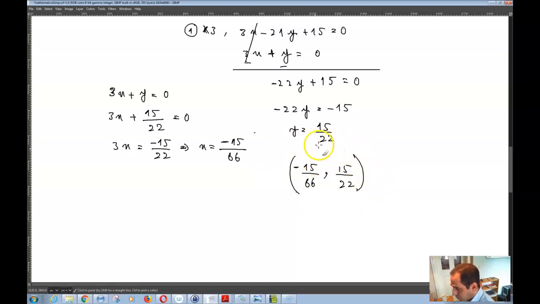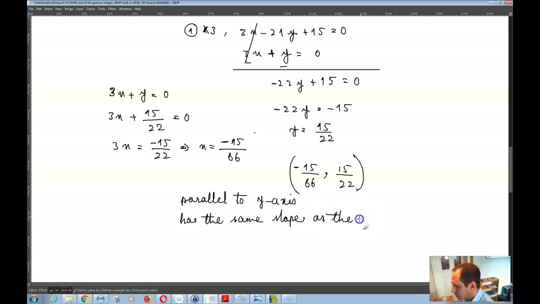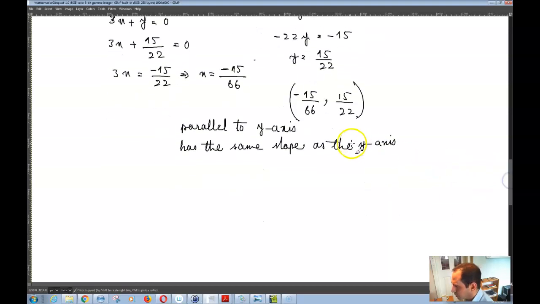Now, since we have the point of intersection, we know that the line is parallel to the y-axis. Since the line is parallel to the y-axis, it has the same slope as the y-axis. And the slope of the y-axis is basically undefined.